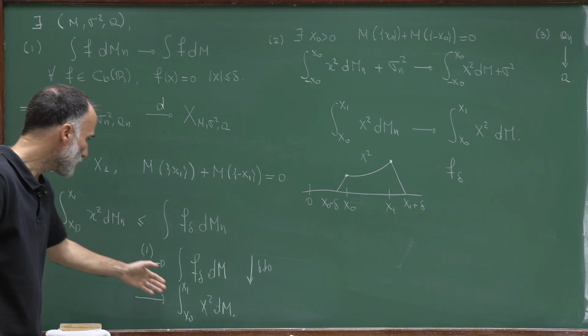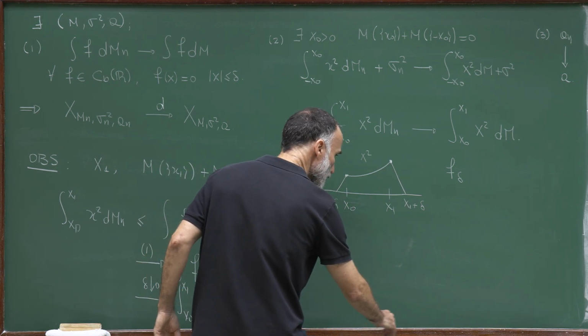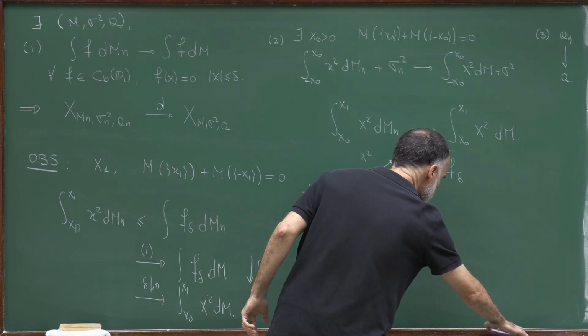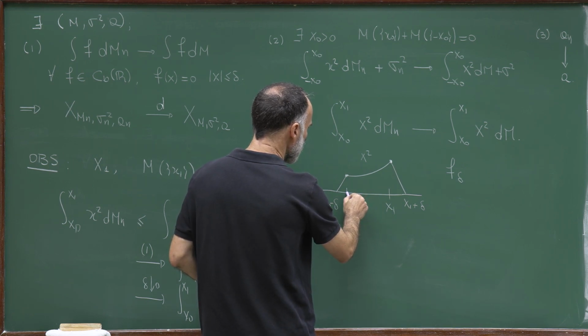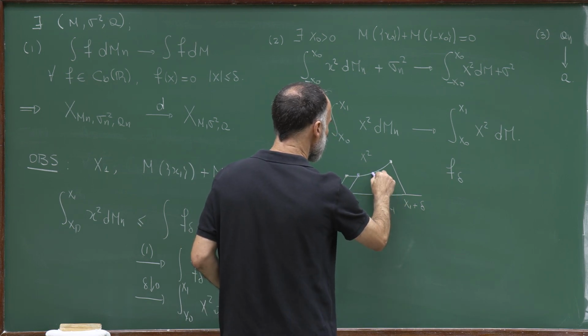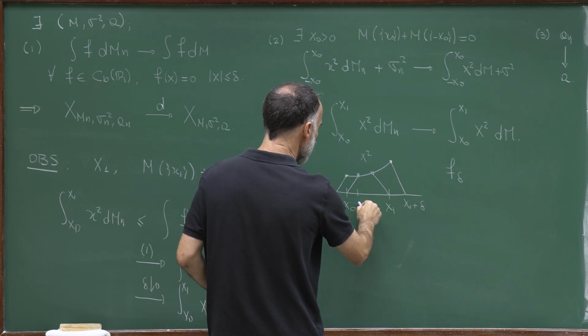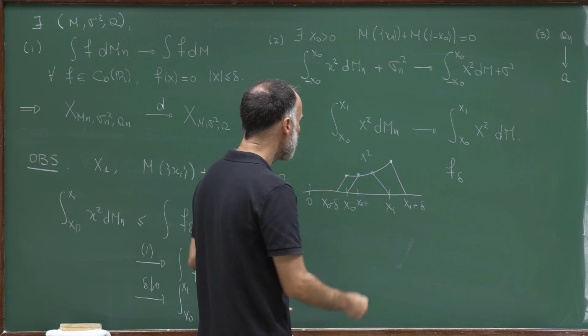So this provides you an upper bound, and we get the lower bound in a similar fashion. But now, instead of taking f delta, we will take g delta, which is defined similarly, but now we want a function which is bounded by x squared.